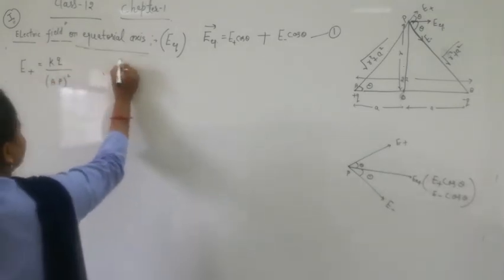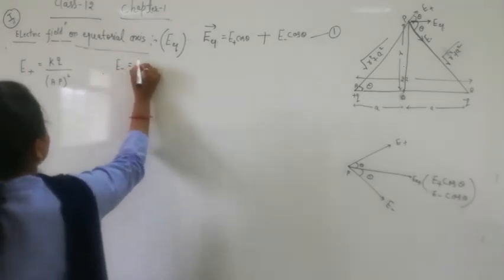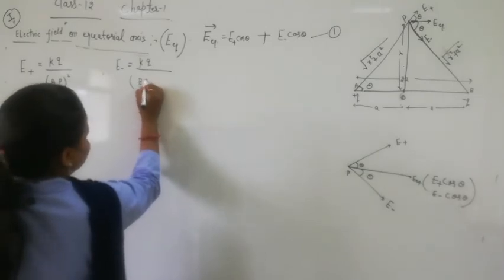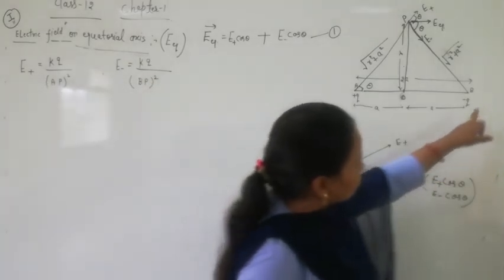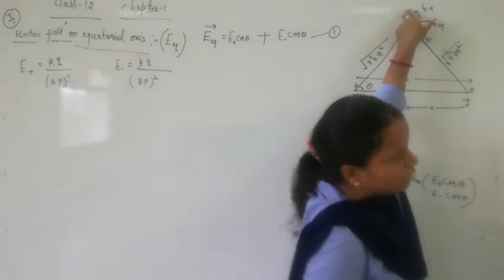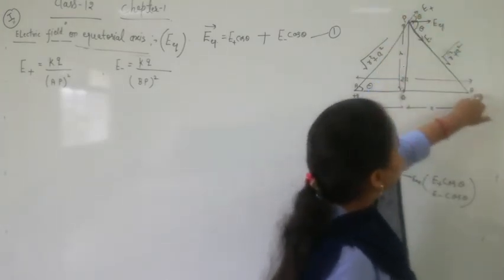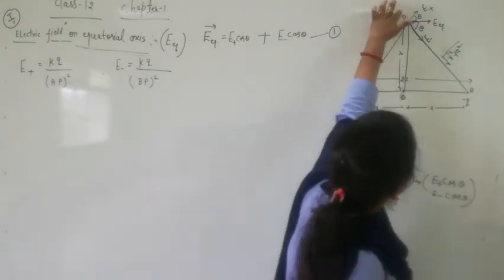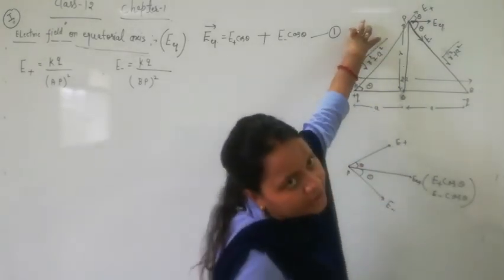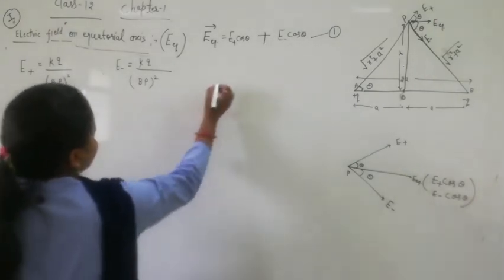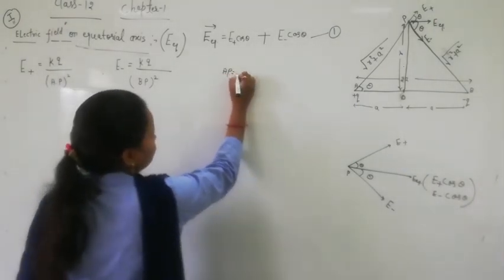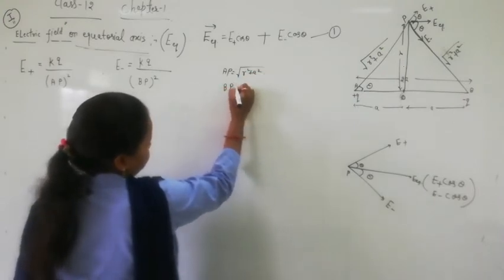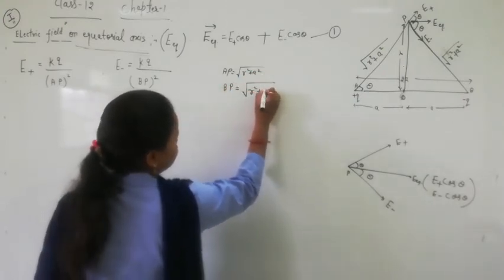Similarly, E minus also has kq upon distance square, where the distance of the negative charge from the target point is BP. BP is the hypotenuse, and AP is also a hypotenuse of a right angle triangle. So AP is equal to under root of r square plus a square, similar to BP.